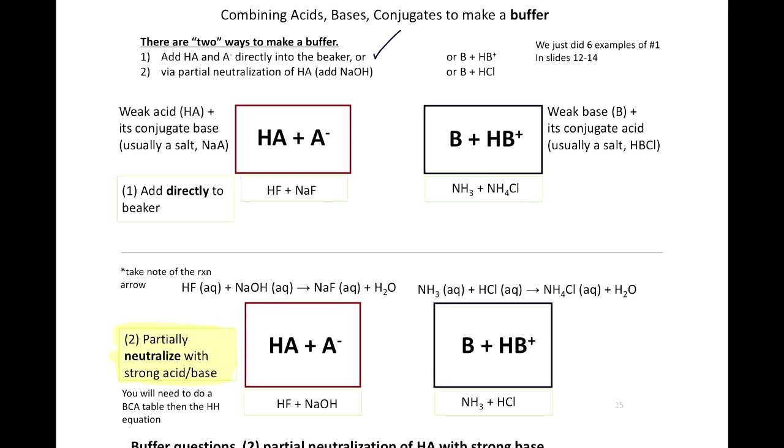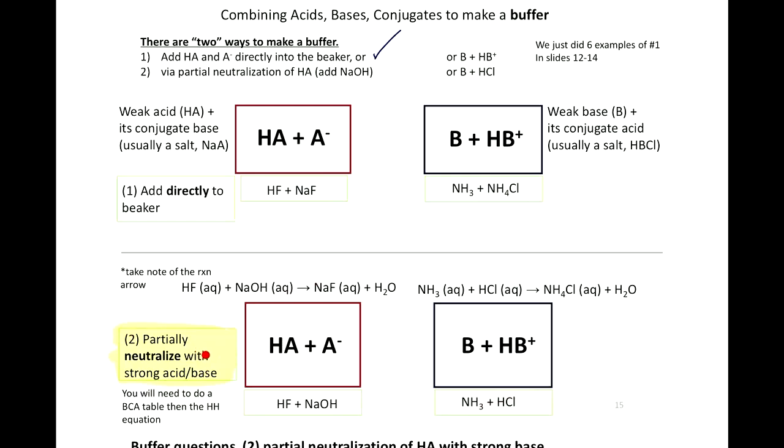The second way to make a buffer is start with your acid, so acetic acid, and then you add strong base, like sodium hydroxide. When you add a strong base, you neutralize some of your weak acid to make its conjugate base. And that's another way you can make a buffer, right? Again, all we need is both the acid and its conjugate base present in large quantities. So that's what this second kind of thing is saying.